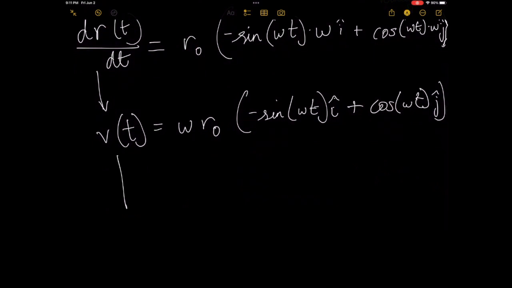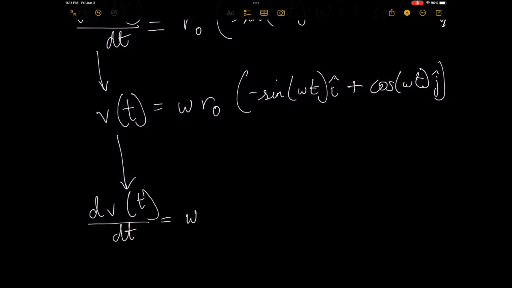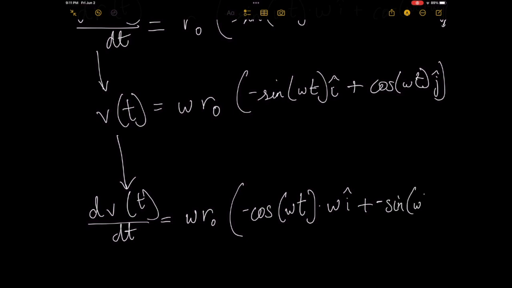And now, to find the acceleration, you simply take the derivative of the velocity with respect to time. So dv over dt is equal to omega r0 times negative cosine omega t times omega plus negative sine omega t times omega.